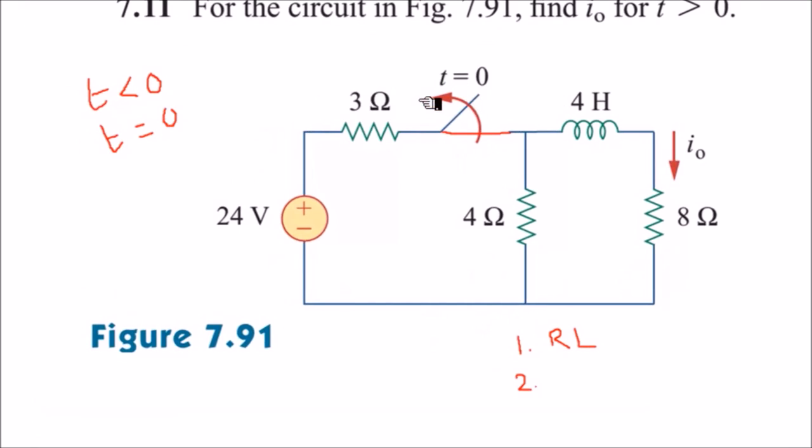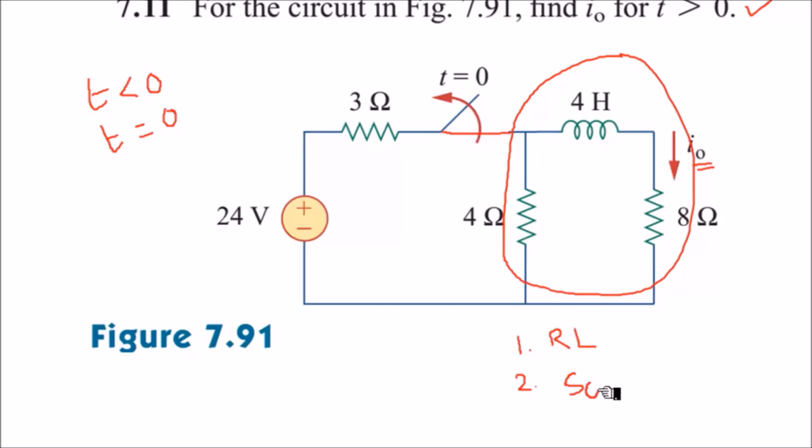At t equal to 0, you are opening the switch, which disconnects the RL circuit from the supply voltage. Our interest is to find the current flowing through the inductor, or current I0, for t greater than 0. For t greater than 0, we have only the R and L combination, and there is no source present in the circuit. So we can say it's a source-free analysis.